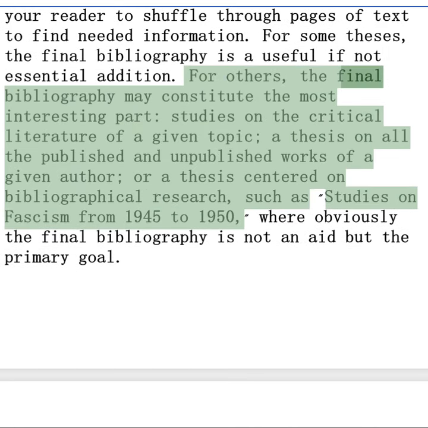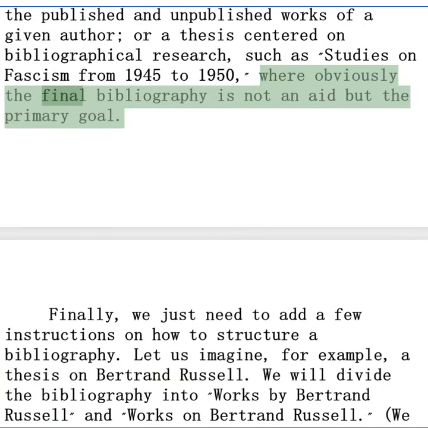For others, the final bibliography may constitute the most interesting part: studies on the critical literature of a given topic, a thesis on all the published and unpublished works of a given author, or a thesis centered on bibliographical research, such as studies on fascism from 1945 to 1950, where obviously the final bibliography is not an aid but the primary goal.